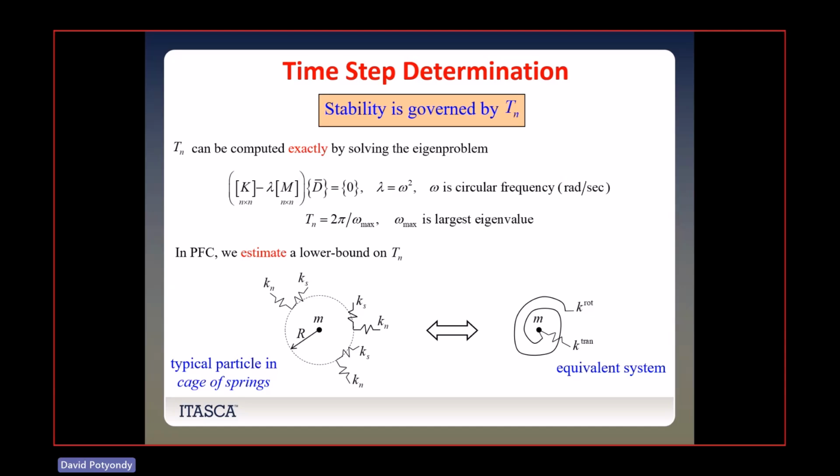So think of this like a cage of springs. This mass is just surrounded by these sets of springs, and he's vibrating back and forth. So knowing this information, we can compute an equivalent translational stiffness and an equivalent rotational stiffness. This is supposed to be a rotational spring, like a watch spring. We can compute those things for every single particle.